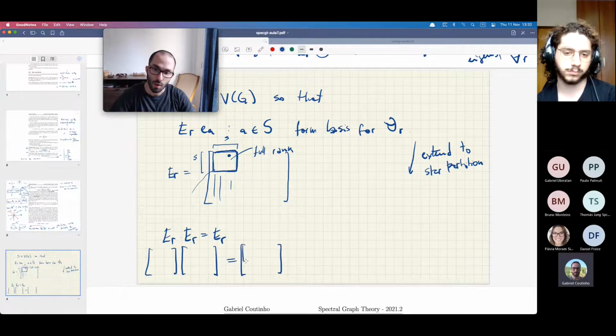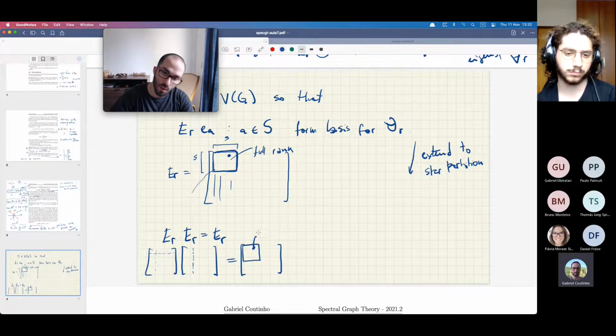Now I'm looking at this block here. An entry here is going to come from this row and this column. So this row times this column is going to be equal to this entry. And this row is also equal to this row.